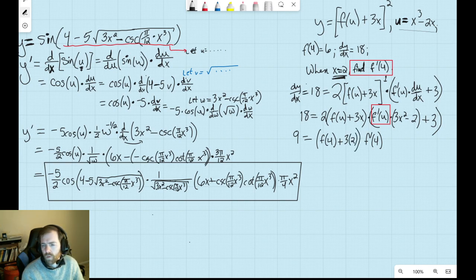And if you're like, why is it going to be that? Why isn't it maybe going to be changed or something like that? You can also go back up to u here and say that our u value is supposed to be 4 and our x value is supposed to be 2. So real quick, we could just plug in 2 and make sure that this comes out right. So here, 2 cubed is going to be 8 minus 2 times 2 is 4.